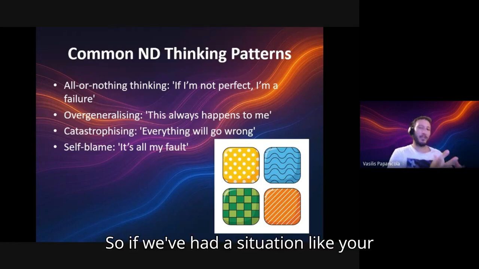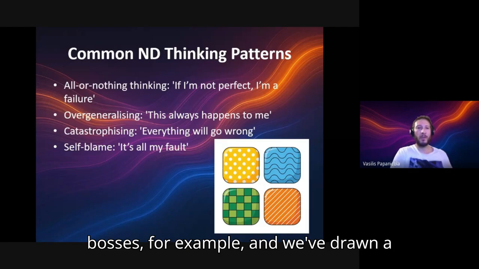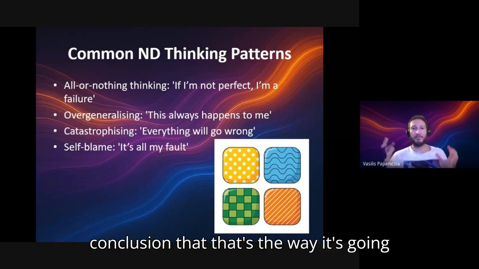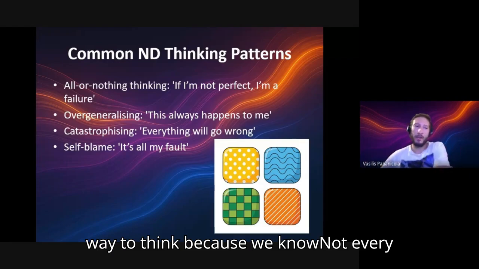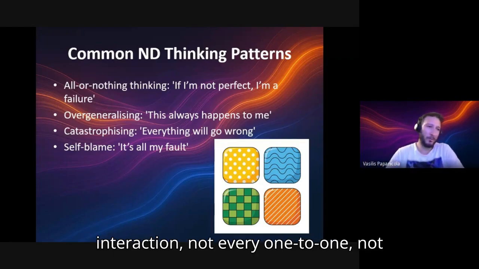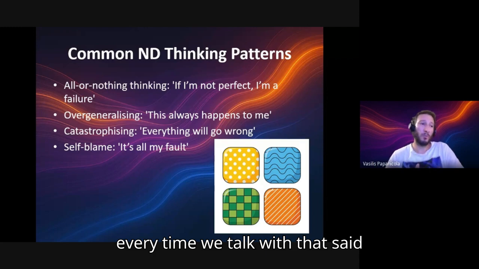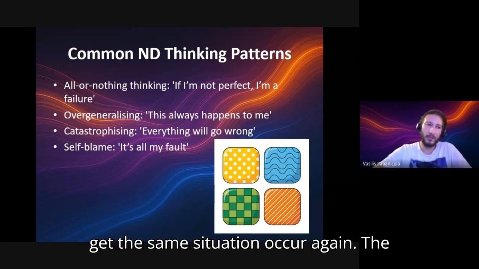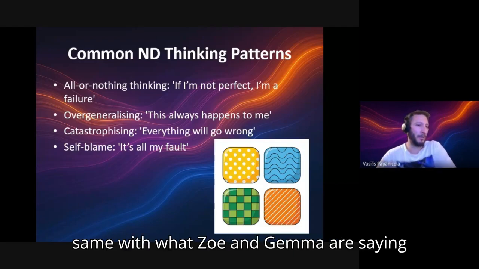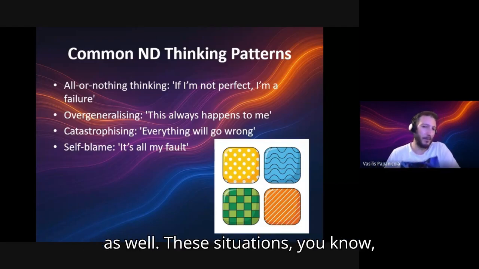If we've had a situation like Yorgos's, for example, and we've concluded that that's the way it's going to be from now on, that's quite a broad way to think, because we know not every interaction, not every one-to-one, not every time we talk with that person or other people, you're going to get the same situation again. The same with what Zoe and Gemma are saying as well.